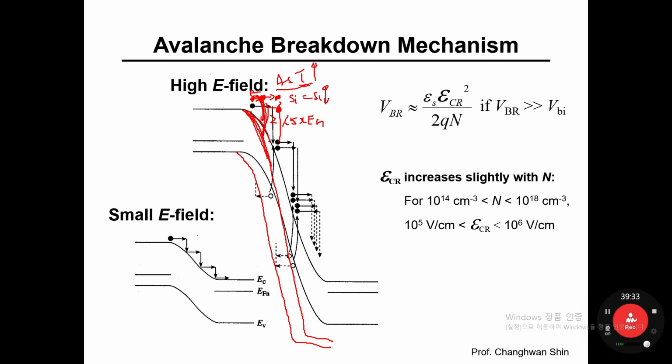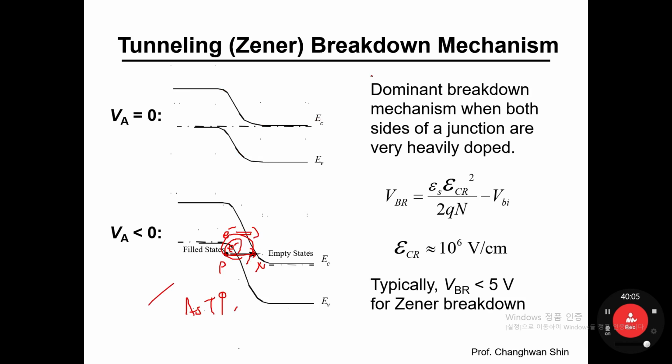So as temperature increases, because scattering events happen more, in other words, the mean free path length has been shortened, more band bending is necessary to meet this requirement for inducing avalanche breakdown. That's the reason why, as temperature increases, we should apply more negative bias to get to the breakdown voltage.